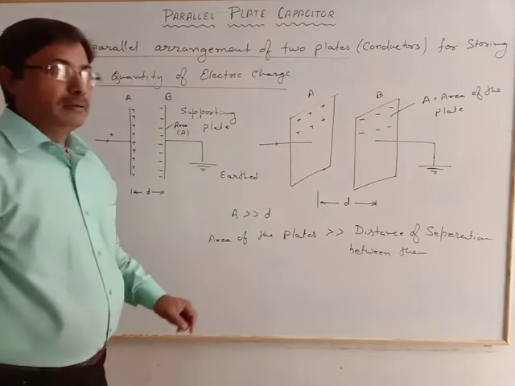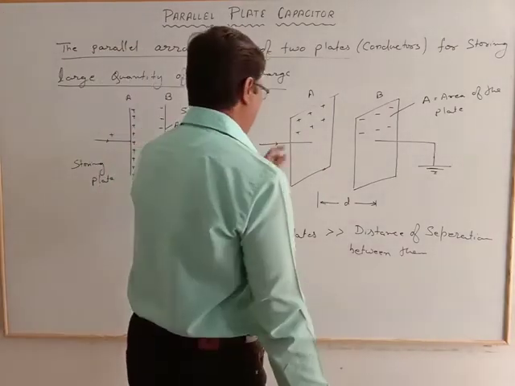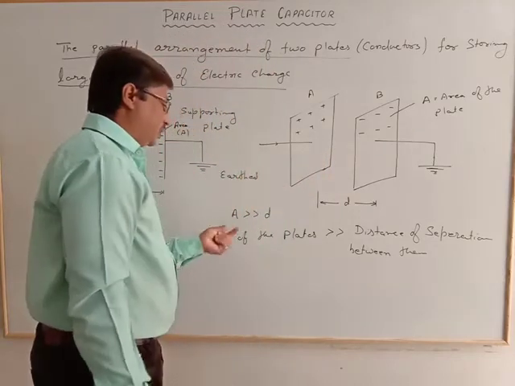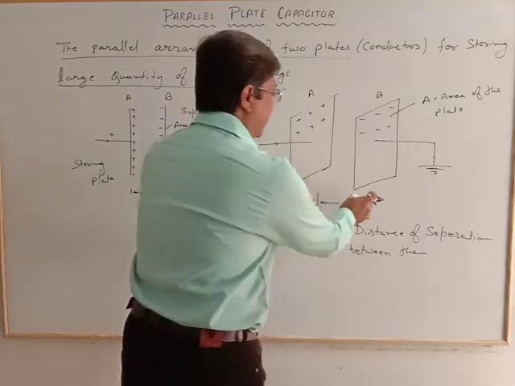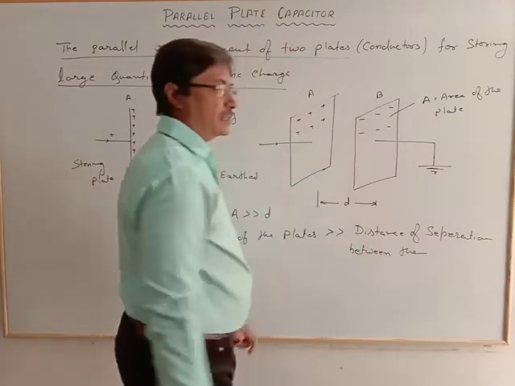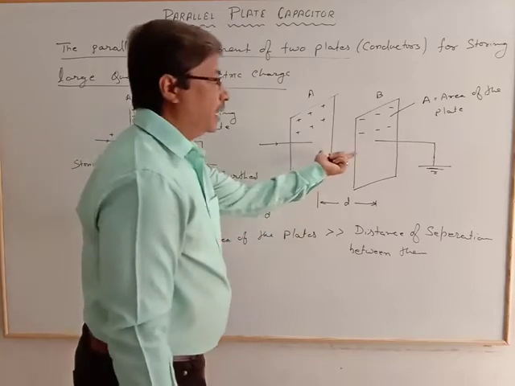In this figure we come to the conclusion that the area of the plate is large and the distance between the plates is very small. So that is the arrangement of the parallel plate.